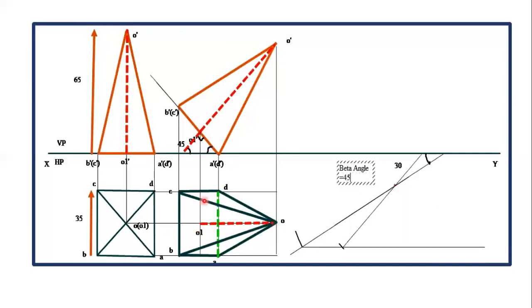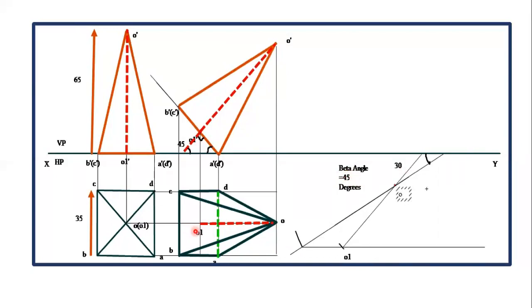So there is a change in the dimension. Whenever there is a change in the dimension, that is a beta angle problem. Now you have got the points O1 and O. This is the beta angle. We have got the beta angle as 45 degrees.